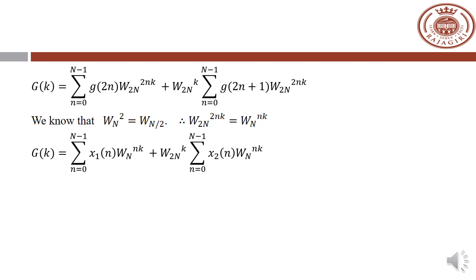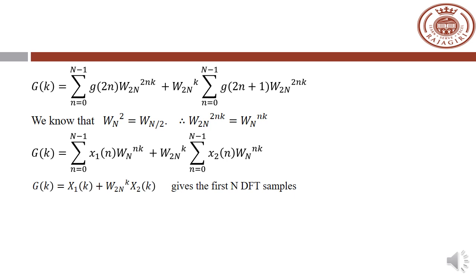This means that both these summations represent N-point DFTs of x1 of n and x2 of n respectively. So g of k can be written as X1 of k plus W_2N raised to k into X2 of k. But this gives us only the first N DFT samples.